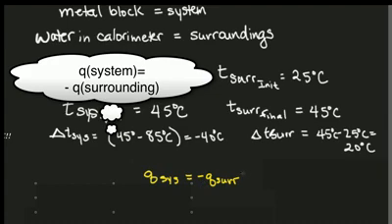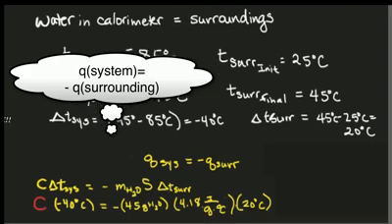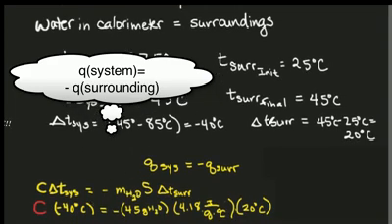Again, we don't know the mass of your metal sample at the beginning of the problem, so we use C here on the left side times delta T of the system, and then we use m of H2O, times specific heat of water, times delta T. These are all given up there nice and neatly, so just plug in. If you do your work organized like this, it's hard to make mistakes.